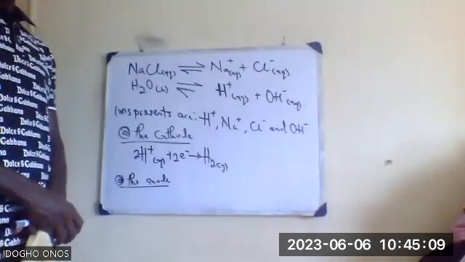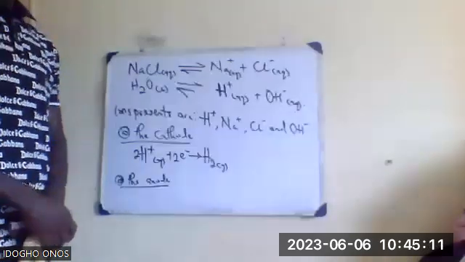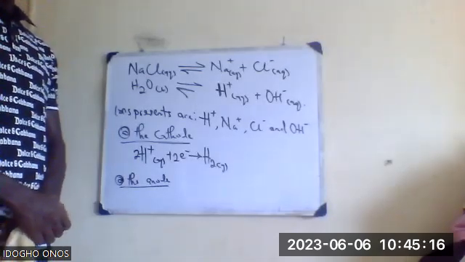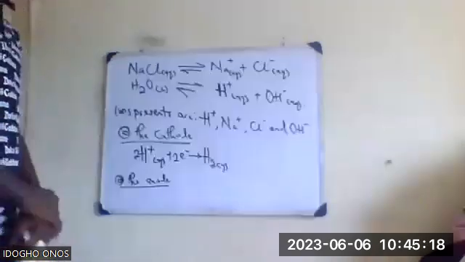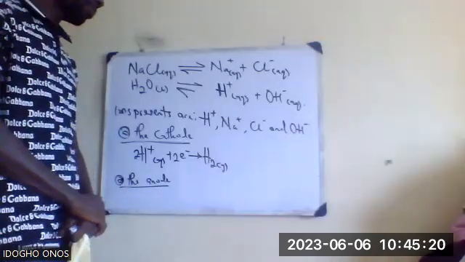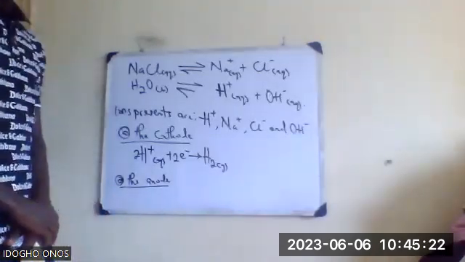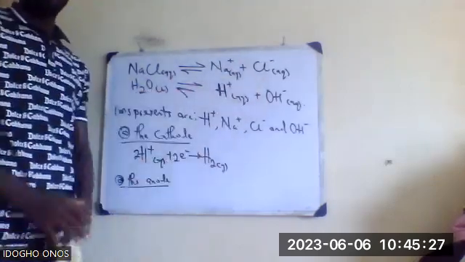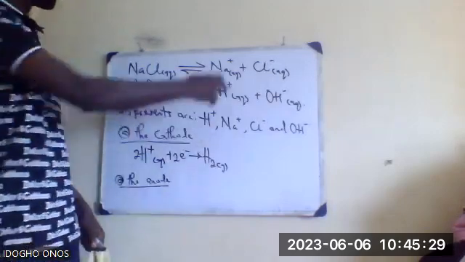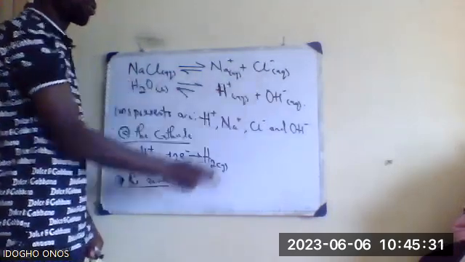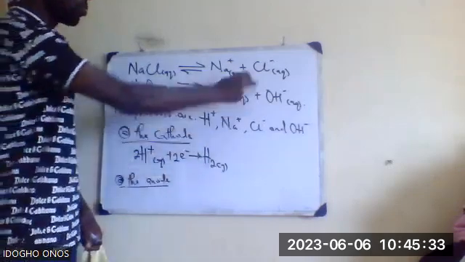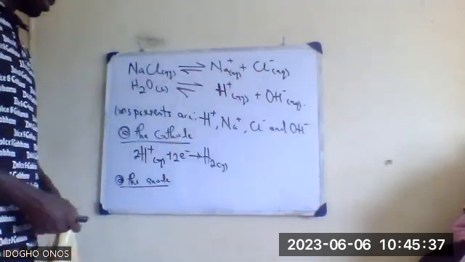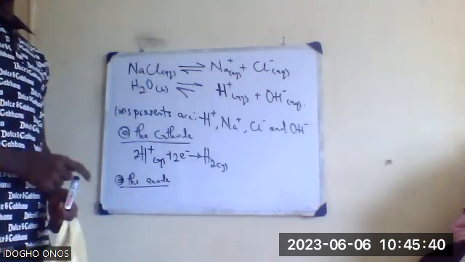Is it hydroxyl or chloride? Hydroxyl. Okay. Hydroxyl ion wouldn't be discharged, because if you check the distance between hydroxyl and chloride ion, they are not that far apart. Because chloride ion has a higher concentration, the product at the anode will be chlorine. The chloride ion will be preferentially discharged because it is a concentrated solution.